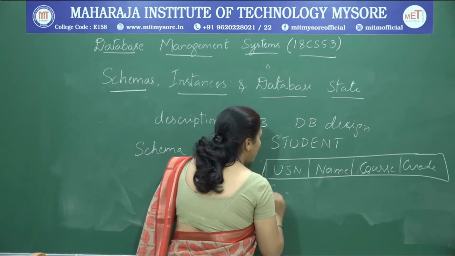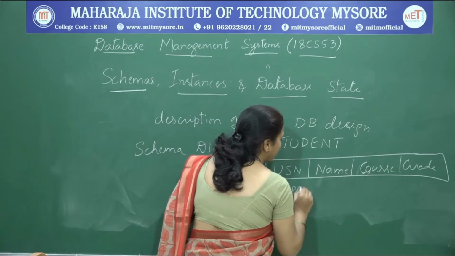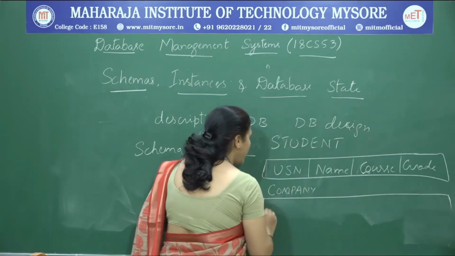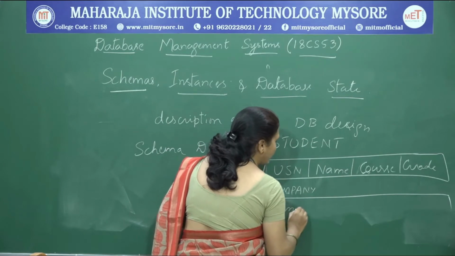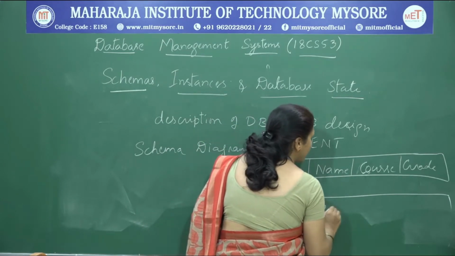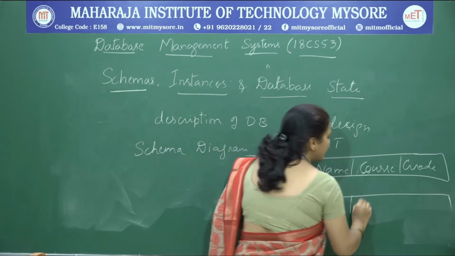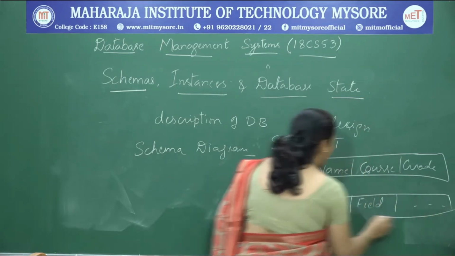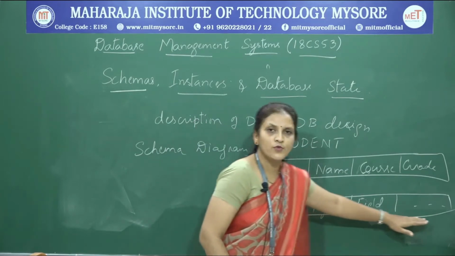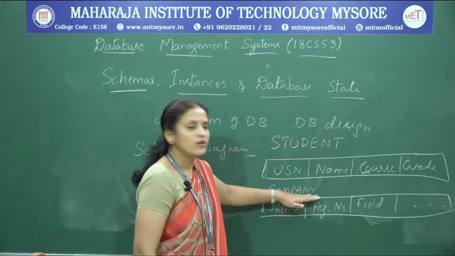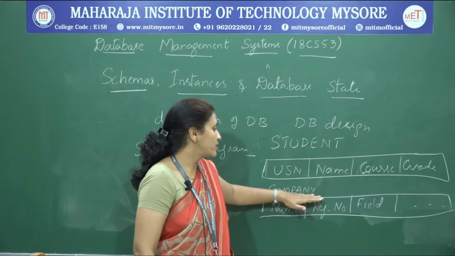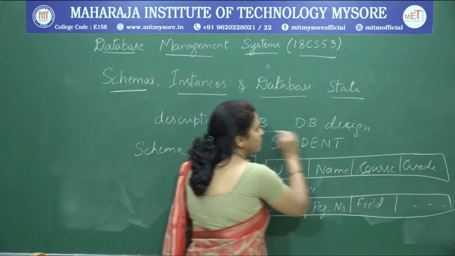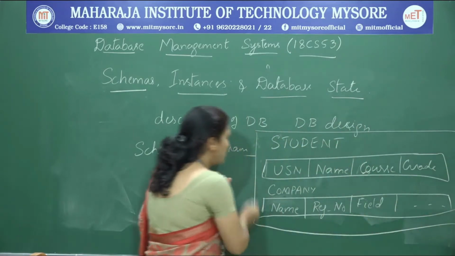Similarly, we can have one for a company. A company can have many details like company name, its registration number, its field of work, etc. This information about companies needs to be stored in order to describe a company. So, this is called a database schema diagram.